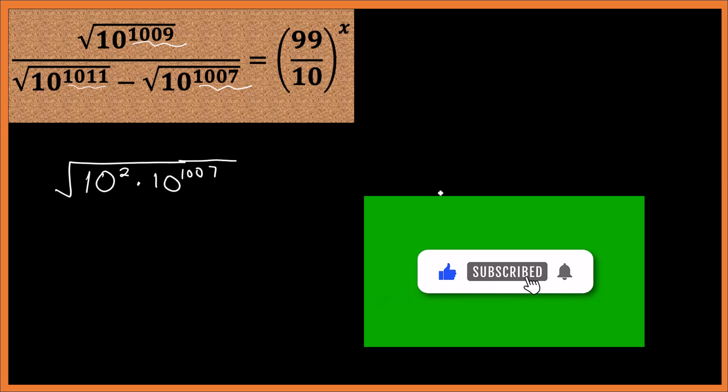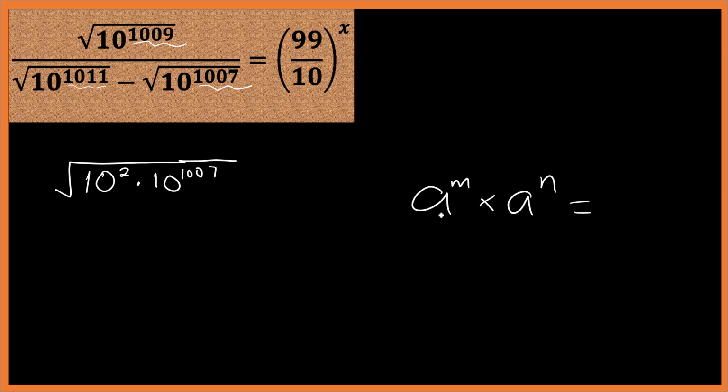Now when we're given a raised to m times a raised to n, the bases are equal, so I'll add the powers: a raised to m plus n. So 2 plus 1007 is 1009.